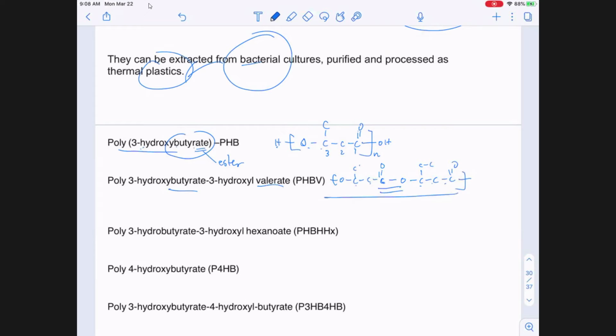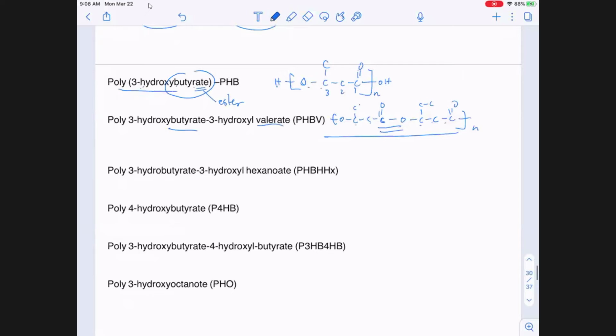Like this polymer, we can control the biodegradation rate and stiffness. That's very useful. Hexanoate means the total is 6.